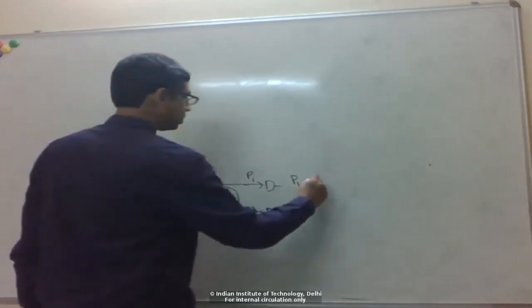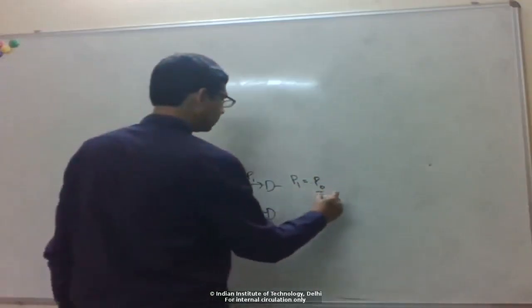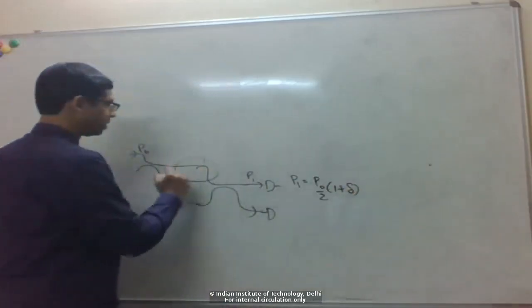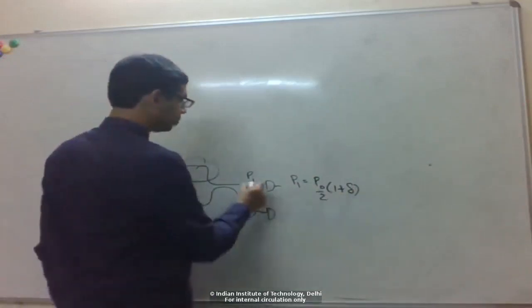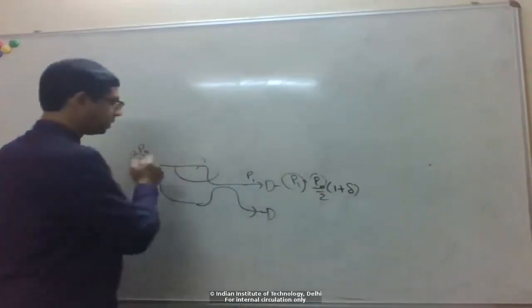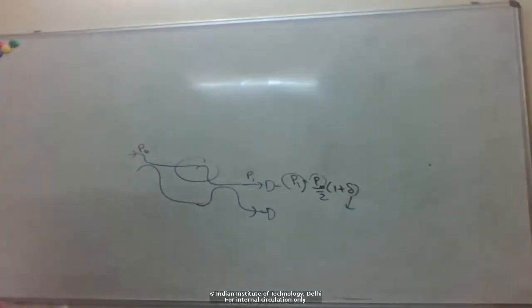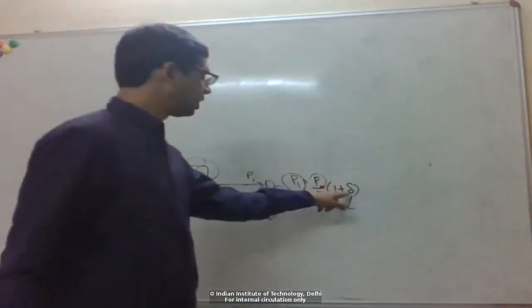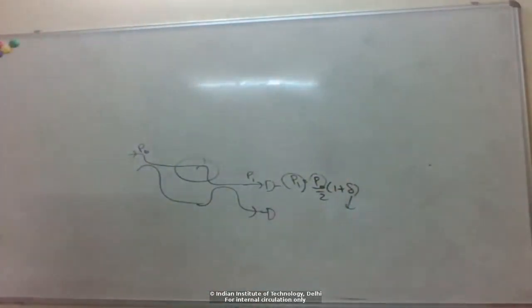If you operate at the quadrature point, we saw this went just like this, but this delta is now the phase change due to the external factor in the sensing arm. Just from measuring P1, we know P0 because that's just the input power, so we can calculate it. We measure the power at the detector, figure out what the phase change is, and then from the properties of the material, figure out what the change in the external parameter is.